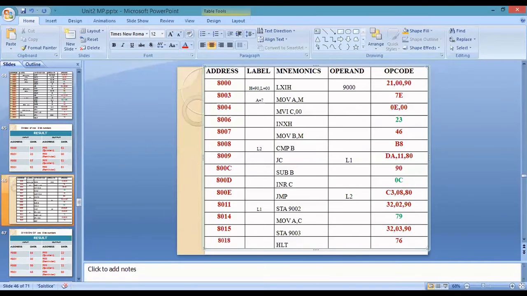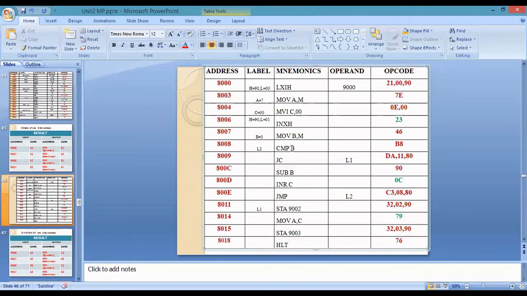That is moved to the A register. MVI C, 00 means the C register becomes 00. Increment the HL register pair. Already the HL address is 9000, it will become 9001. MOV B, M. At 9001, what is the data available? 3. So that 3 is moved to the B register.